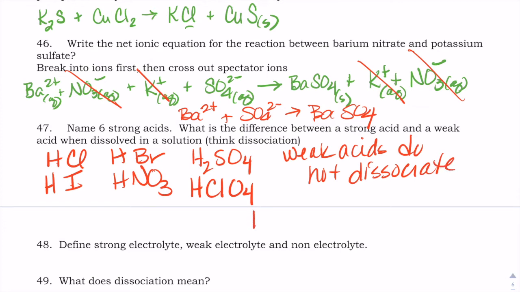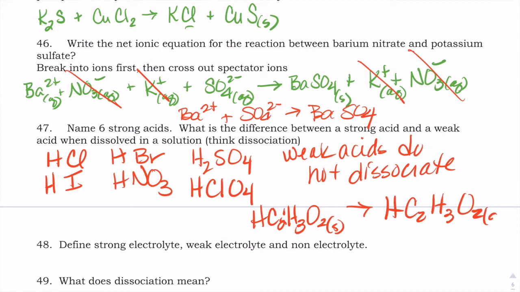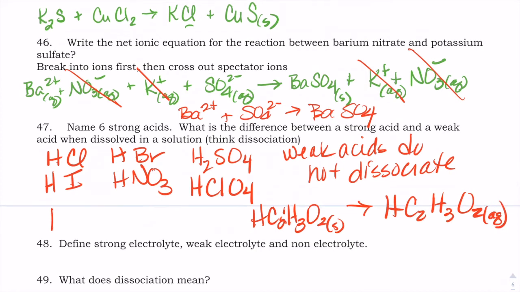So if you have a weak acid, like vinegar, and you put it into water, it will not dissociate, it will just dissolve. A strong acid, like hydrochloric acid, will dissociate, which is what makes it strong.